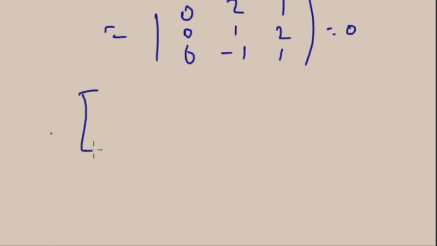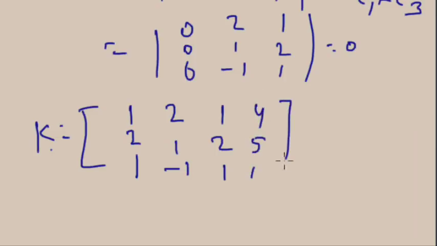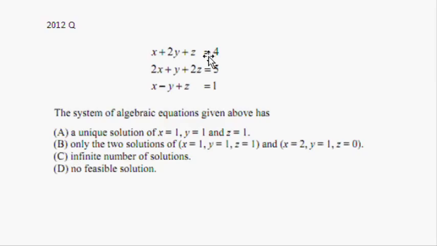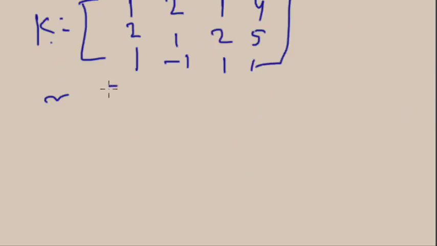Now I need to find out the rank of K. K is [1 2 1; 2 1 minus 1; 1 2 1; 4 5 1]. So this is performing the column transformation.